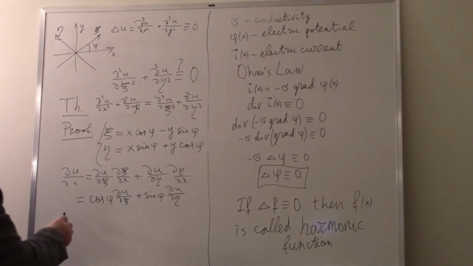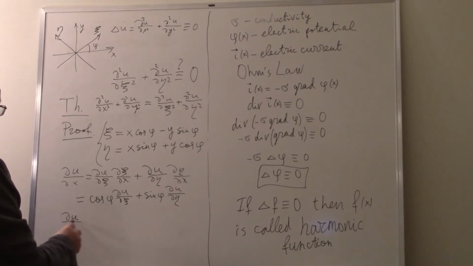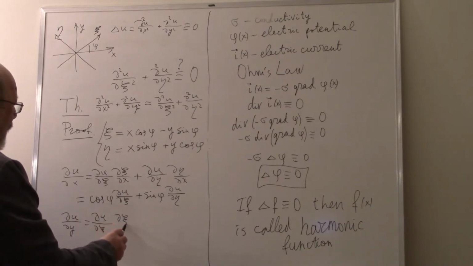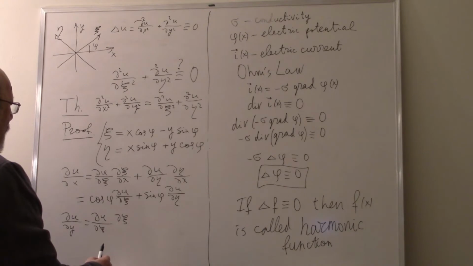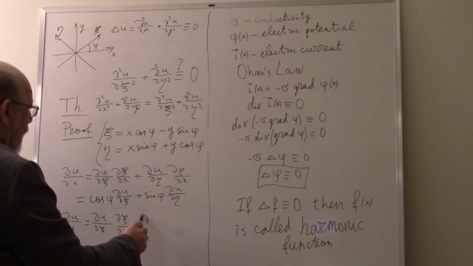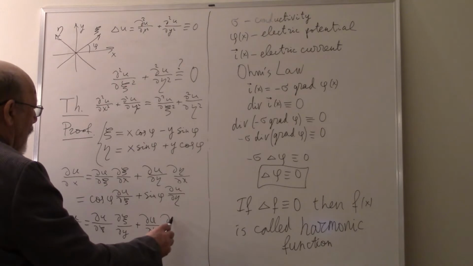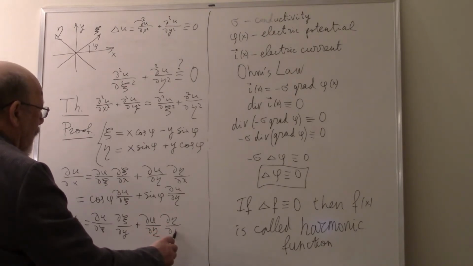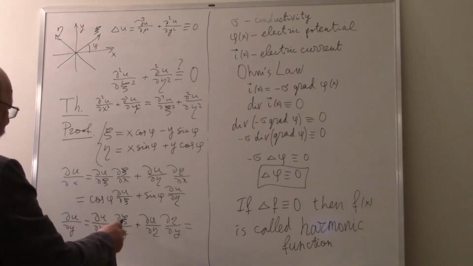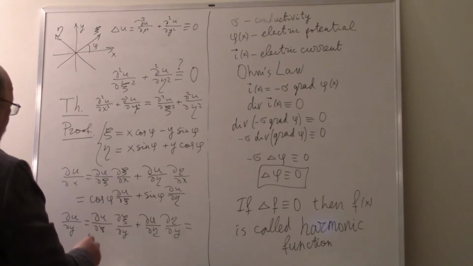Now du dy. Du dy equals du d psi times d psi dy plus du d eta times d eta dy, equals d psi dy is minus sine phi.